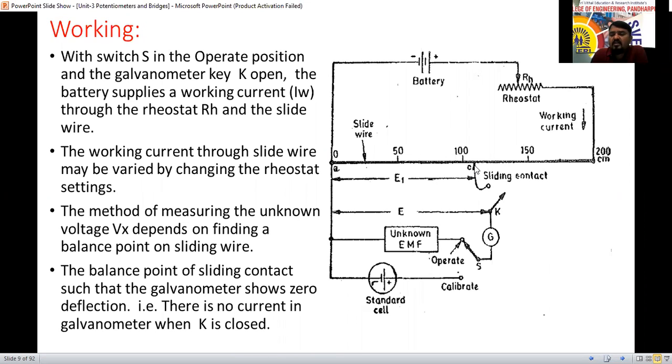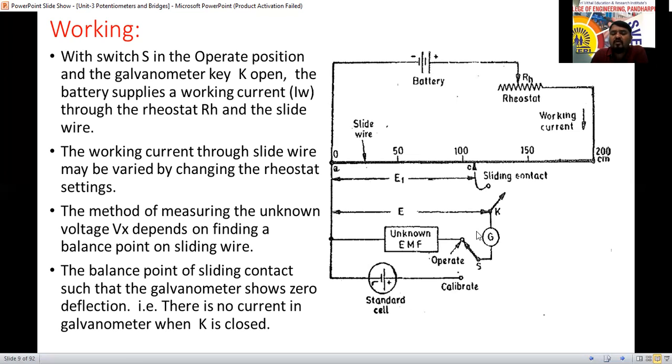By varying this sliding contact, we can make the null detector read 0. If it is a null detector, then we can find out the unknown EMF. The balance point of the sliding contact is such that the galvanometer shows 0 deflection.